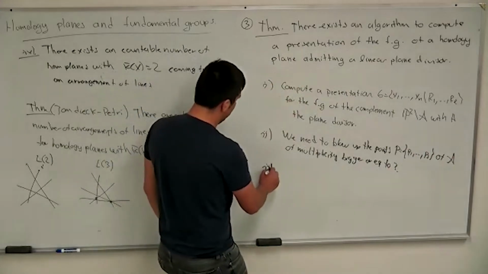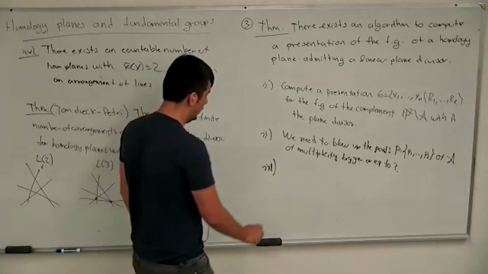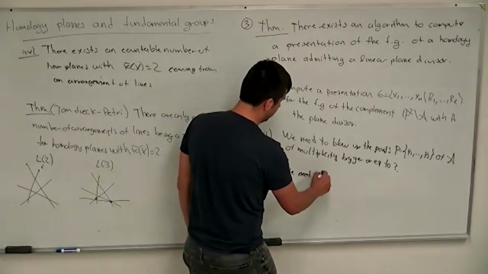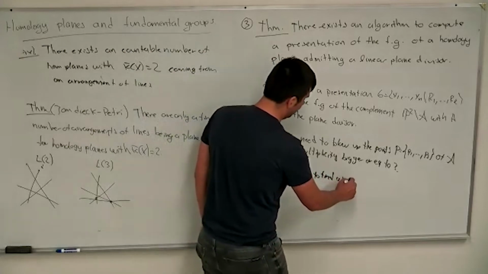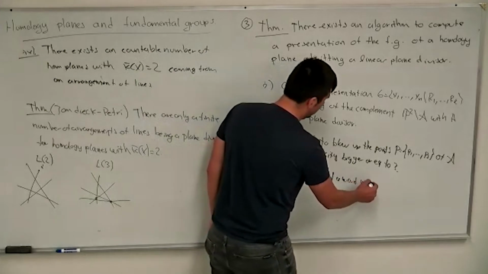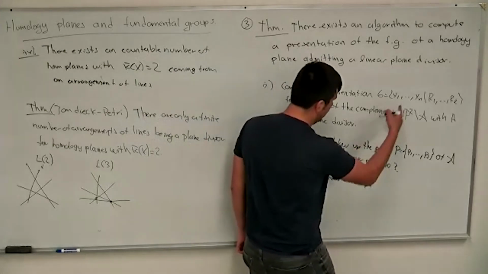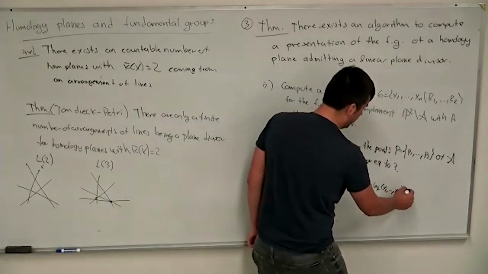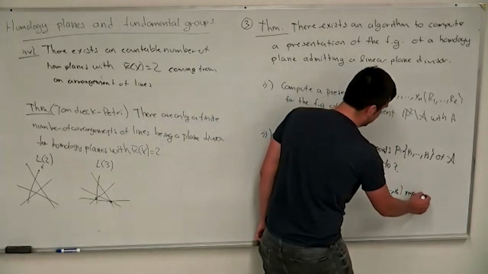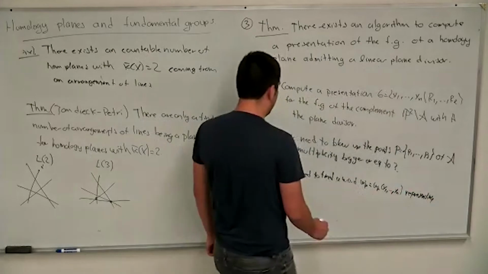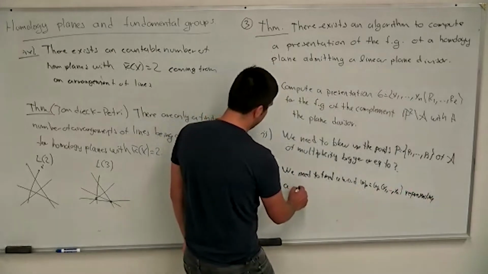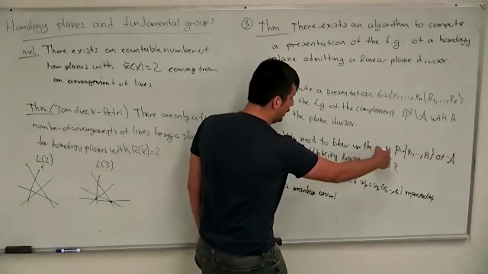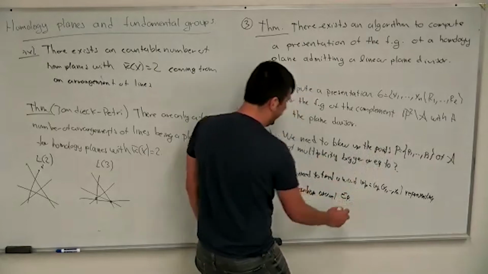The difficult part comes in the third part that says we need to find a word WP in these generators representing a meridian around these exceptional divisors that I will denote by EP.